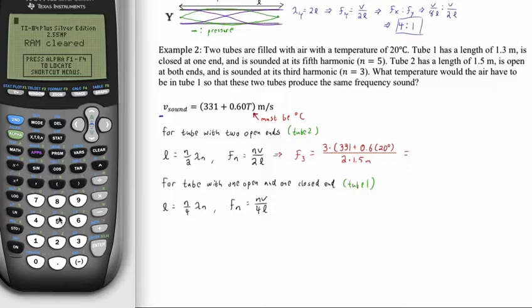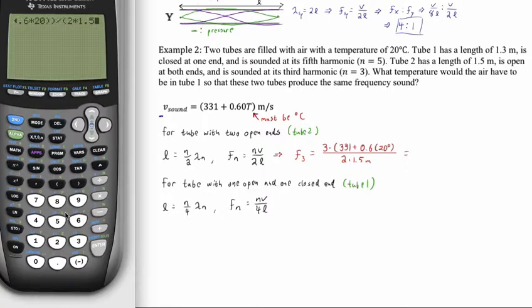So we have 3 times (331 plus 0.6 times 20), and then divided by 2 times 1.5.